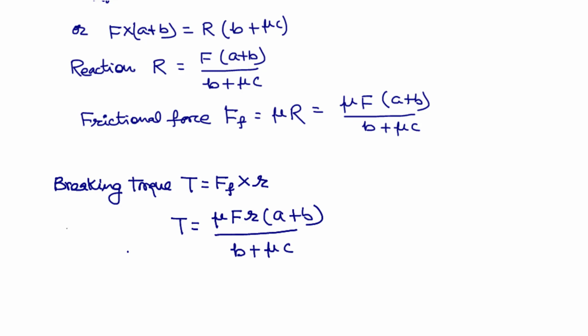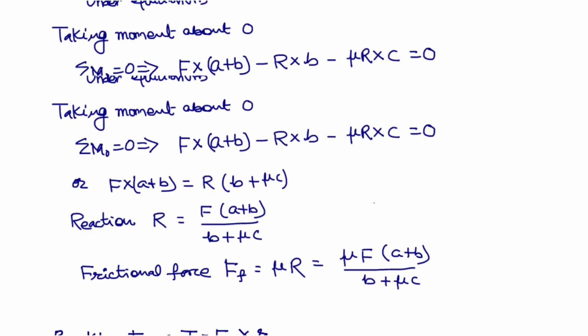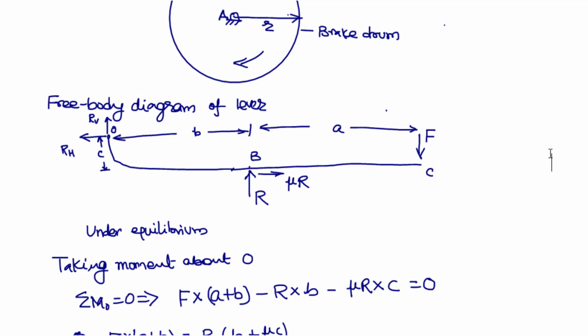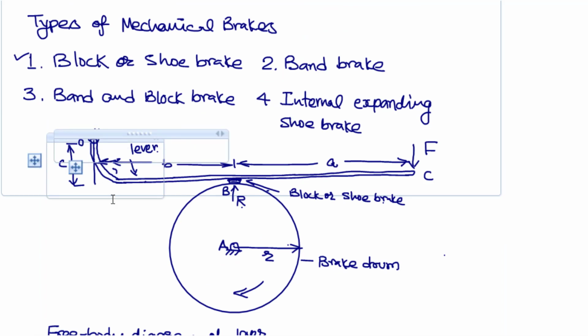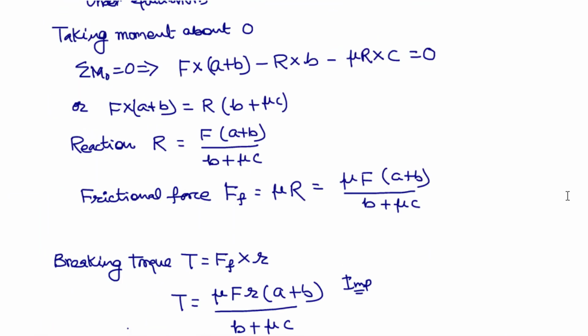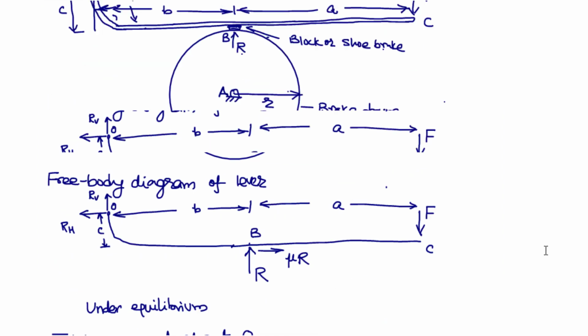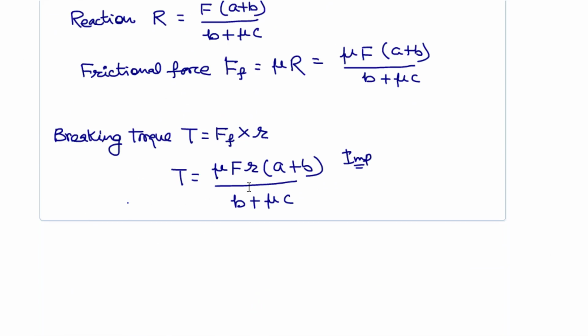This is the braking torque when the brake drum rotates clockwise and the lever is hinged at the offset distance C. When C equals 0, braking torque T equals mu into F into R (A plus B) upon simply B. But due to the distance C, the braking torque equals mu F R into (A plus B) upon (B plus mu C).